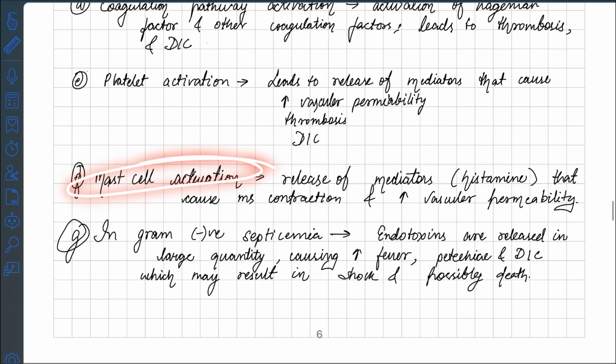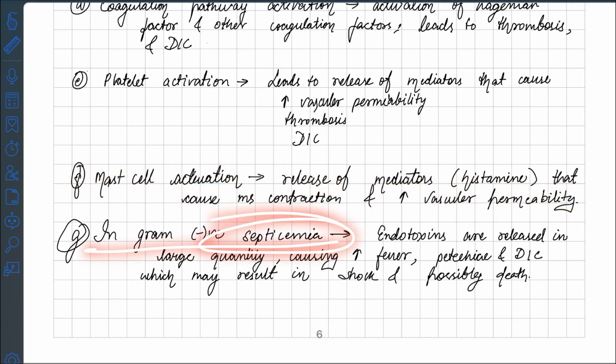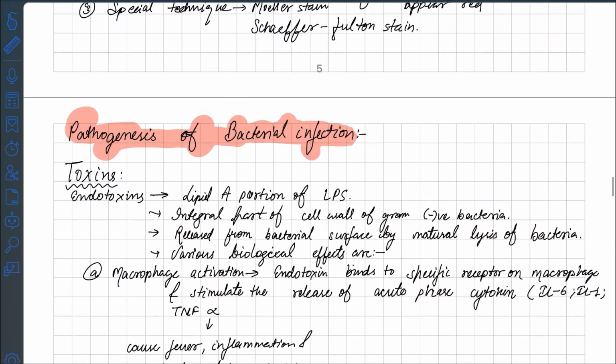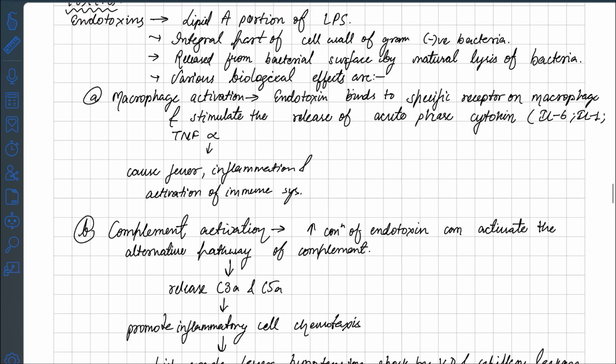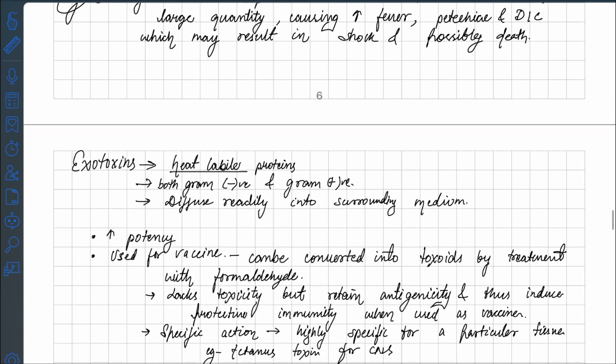The sixth is mast cell activation, with release of mediators like histamine, muscle contraction, and vascular permeability. Gram-negative septicemia can ultimately result in shock and possibly death. So these are the effects that endotoxin can exert. You can see it is quite dangerous for the host.